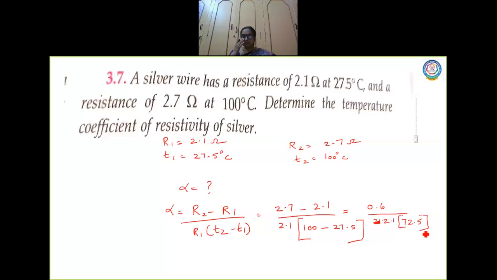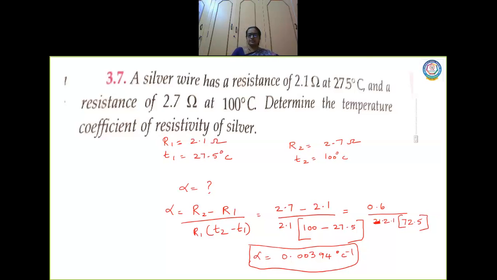Yes, 72.5. And you have the answer for alpha to be 0.00394 per degree Celsius. So this is the temperature coefficient of resistivity of silver.